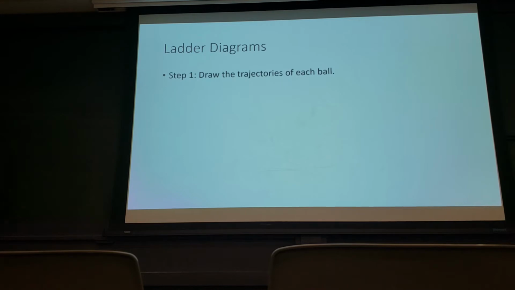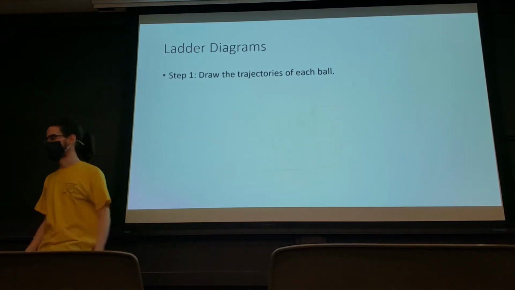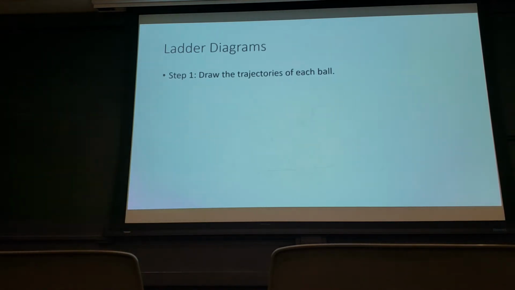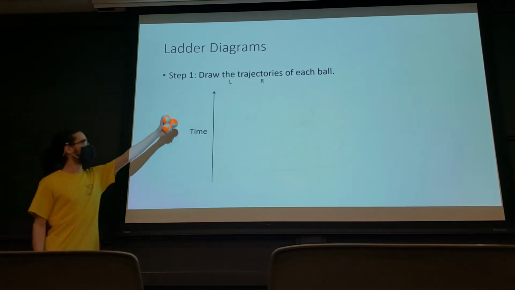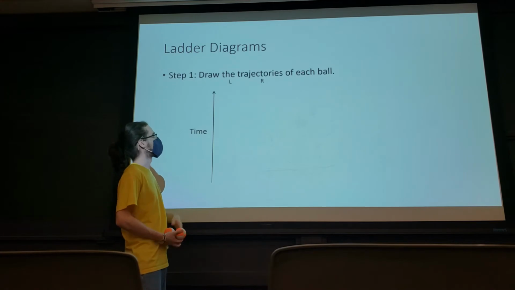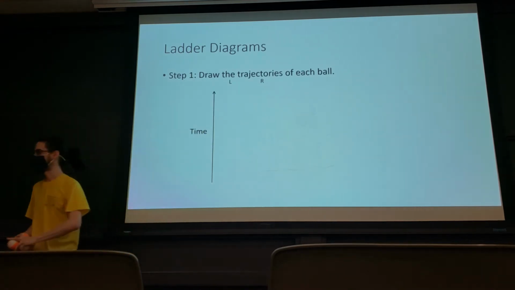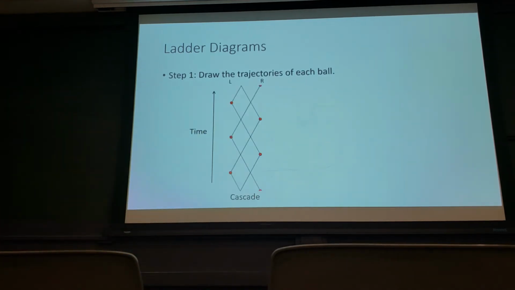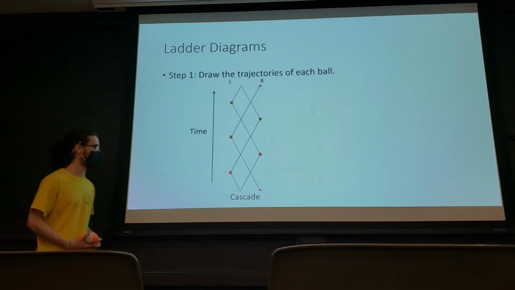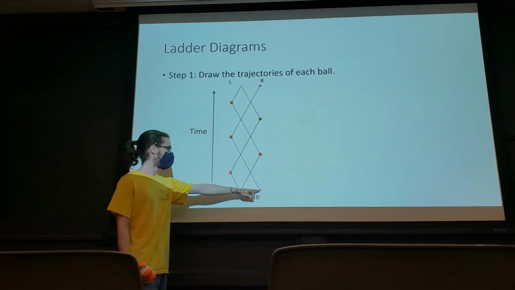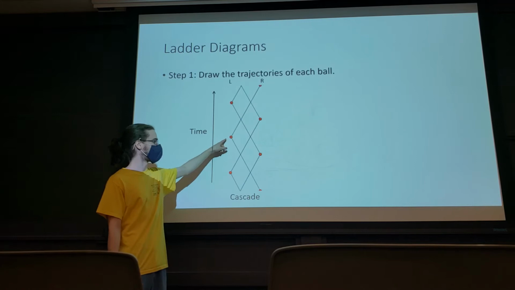So how do we analyze them? One way is to draw the trajectory of each ball in an abstract way. We have a time axis going up, and we denote which balls are in each hand at each point in time. The basic cascade pattern looks something like this. You throw a ball from the right hand, and then you catch it in your left hand 3 beats later.